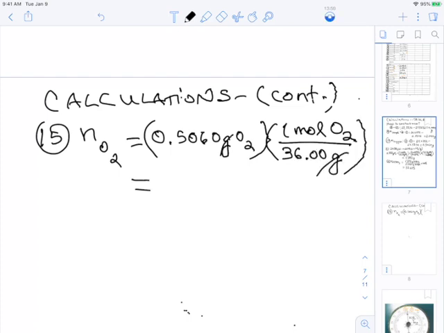That'll give us the number of moles of oxygen here. Of course, we're limited to 4 sig figs, so this will be 0.01521 moles of oxygen. That is the amount of oxygen produced.